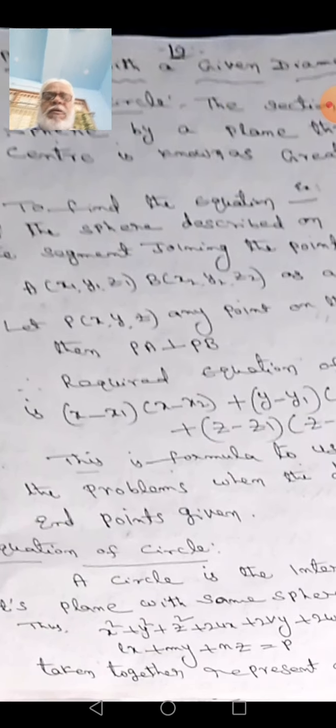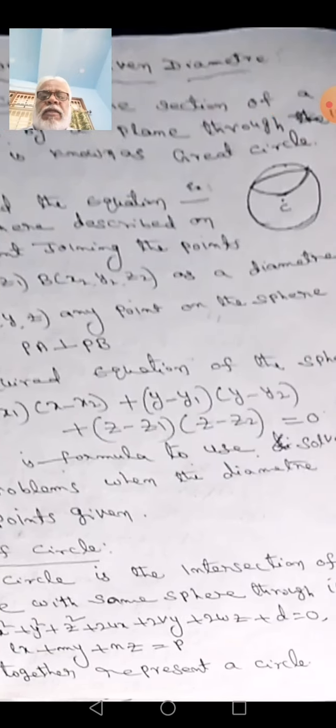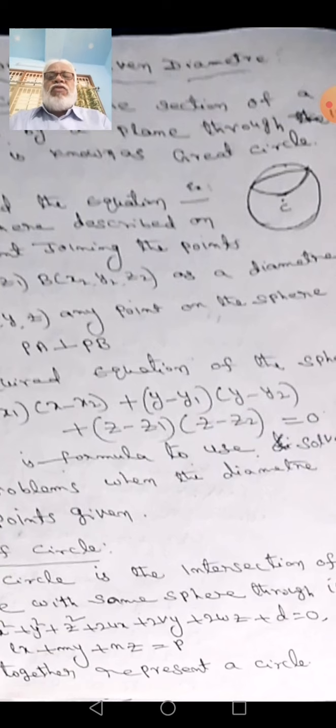If you simplify it, we get again the same equation of the sphere, with the common conditions, that is x square, y square, z square coefficients are the same.